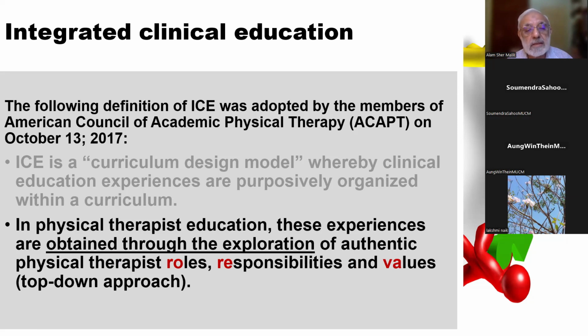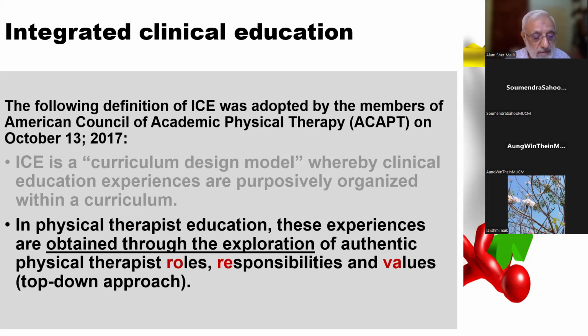This means that if we want to have an integrated clinical education, for example, in physical therapist education, we would look at the roles, responsibilities, and values of a trained physical therapist. And then that would become our goal to achieve. And the whole curriculum would be directed to achieve those roles, responsibilities, or values.